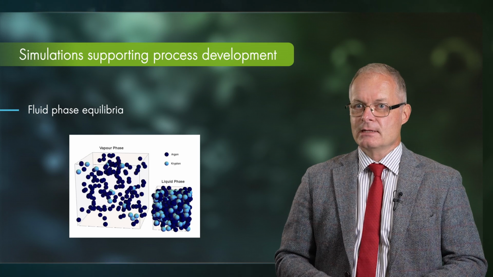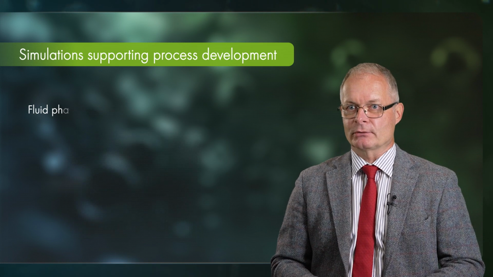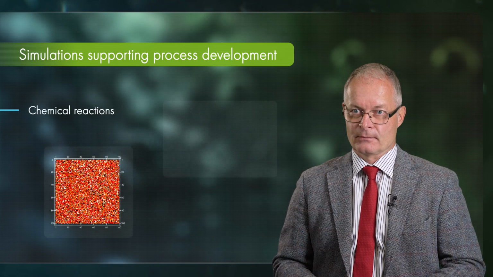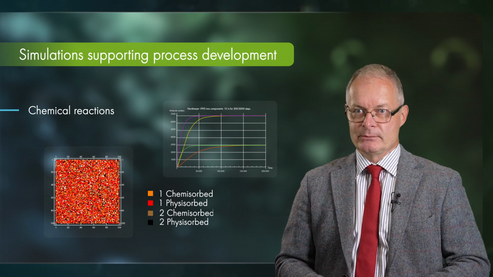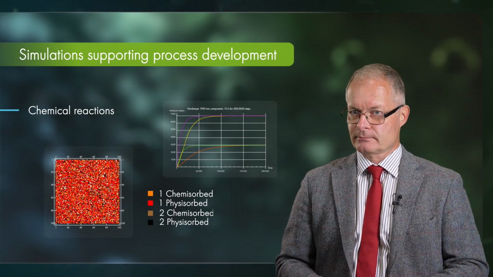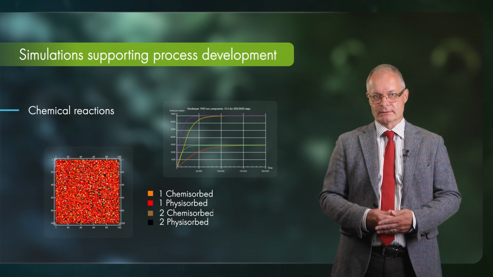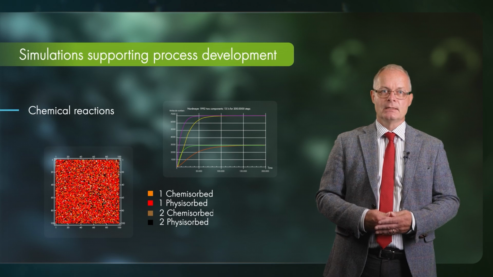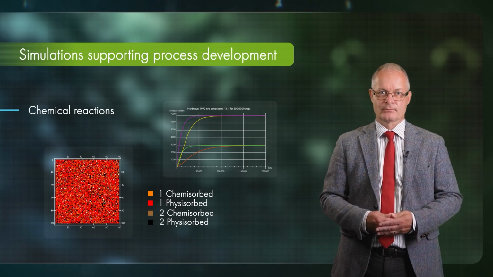Last but not least, many novel processes for hydrogen applications involve chemical reaction on catalytic surfaces. To model the kinetics of such reactions, kinetic Monte Carlo simulations are the method of choice. In this example, we see the surface of a catalyst, which is empty in the beginning and is then exposed to the adsorption of two chemical species.